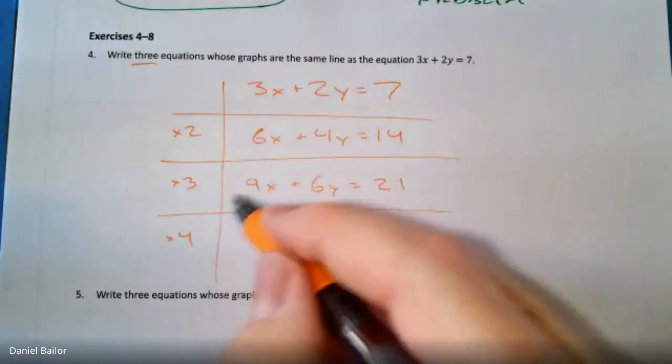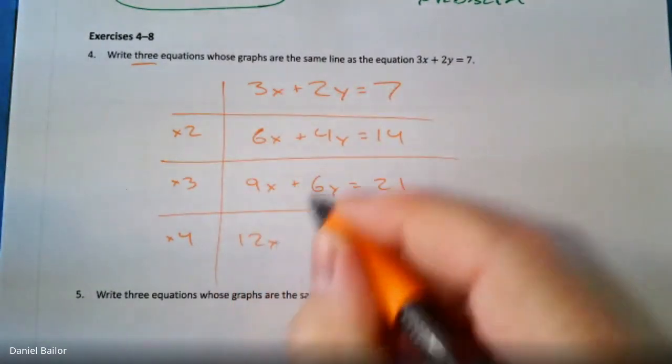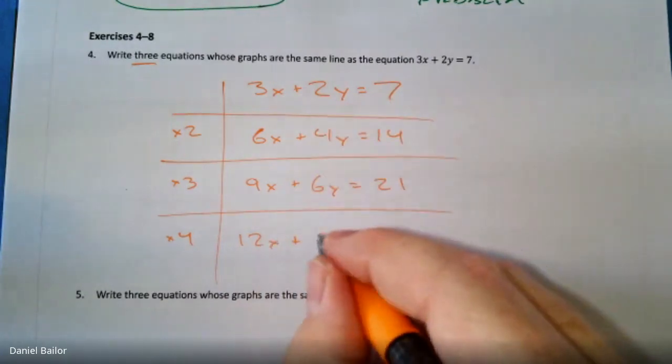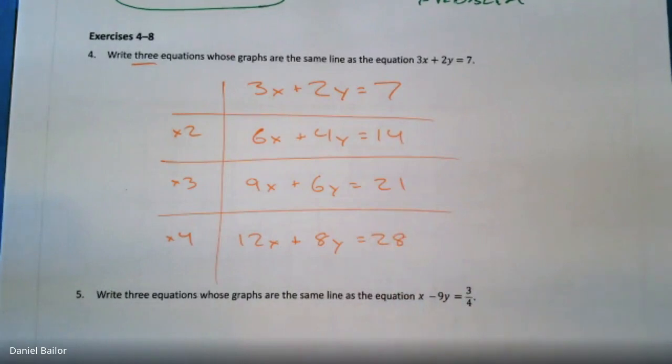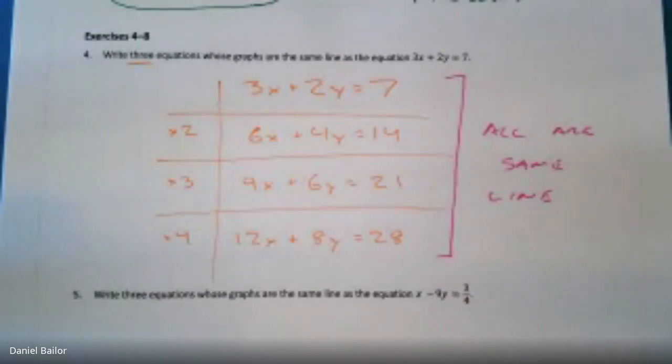If I multiply everything by 4, 3x times 4 is 12x, 2y times 4 is 8y, 7 times 4 is 28. And guess what? They are the same line, because all I did is multiply.